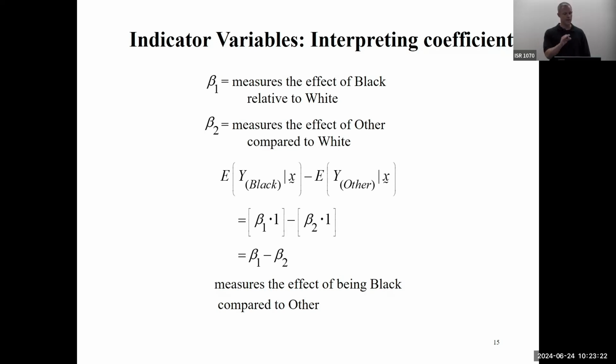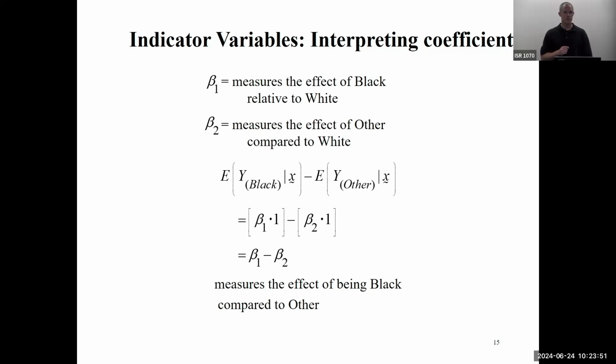Well, that's one way, but that's still assuming that white is the reference category. If I want to compare black to other, how could I do that without doing any of this extra work? Well, that's what we're doing here, but to do this I still need to get those variances and covariances and do the hand calculation.